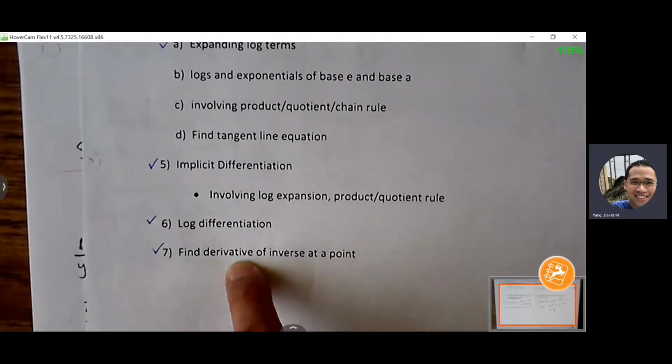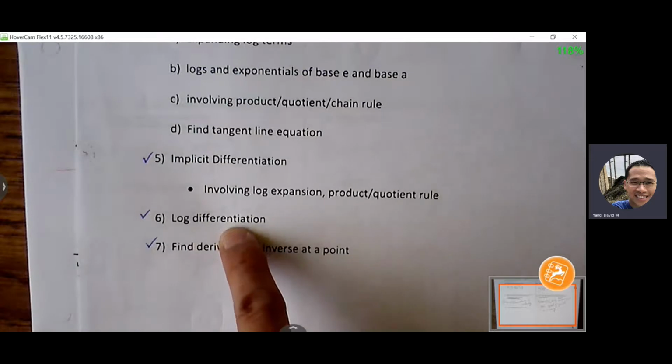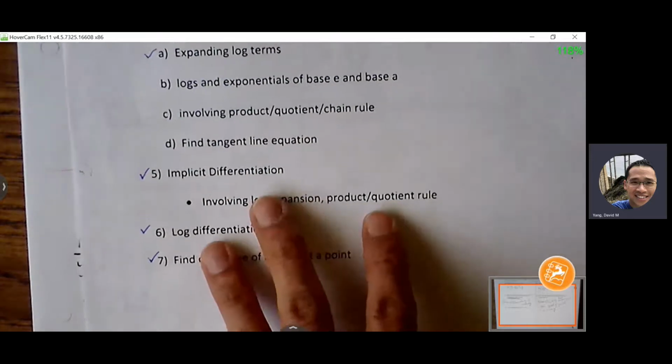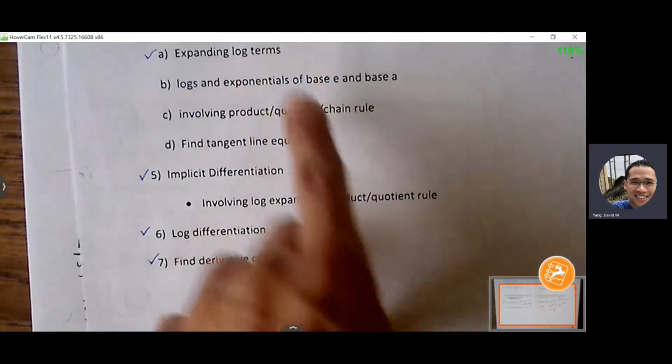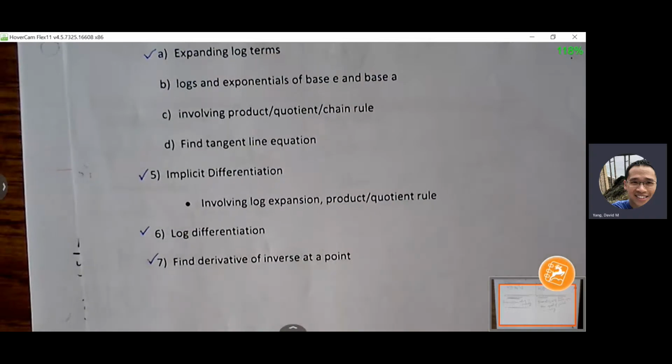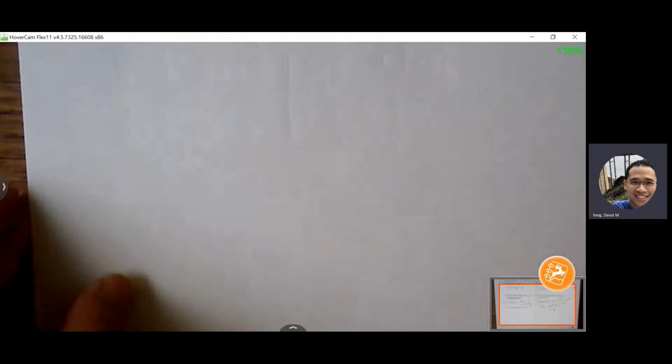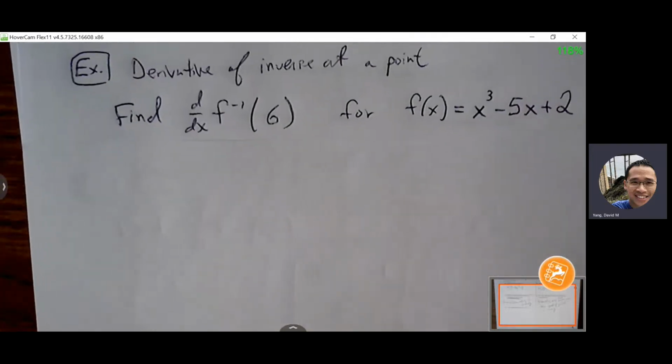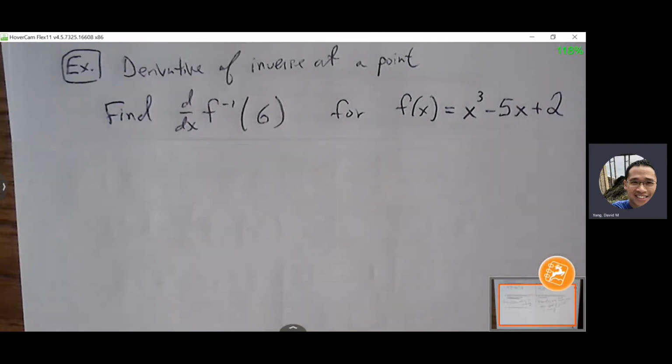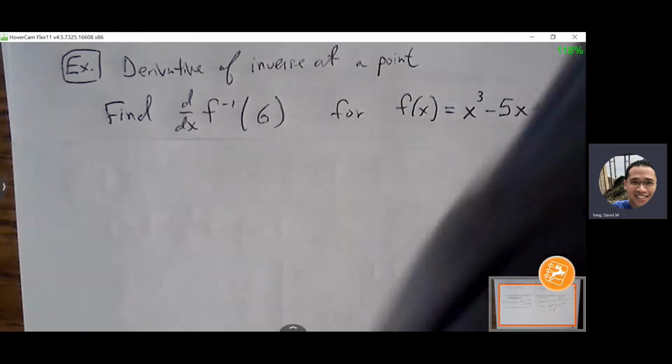I want to do a derivative of an inverse at a point. I want to do a log differentiation. Maybe do a log expansion problem. Okay, so let's start with a derivative of an inverse at a point. You guys can copy this problem down here.